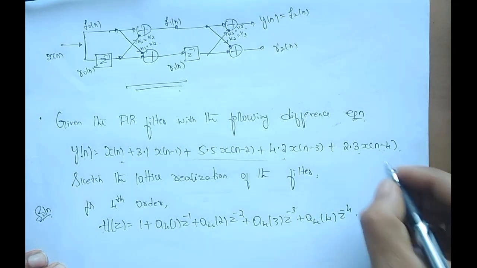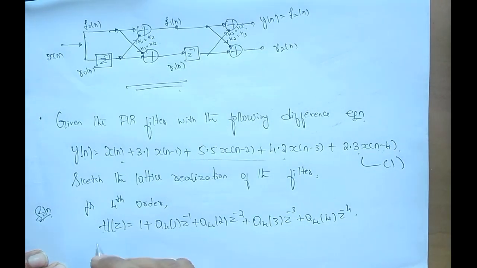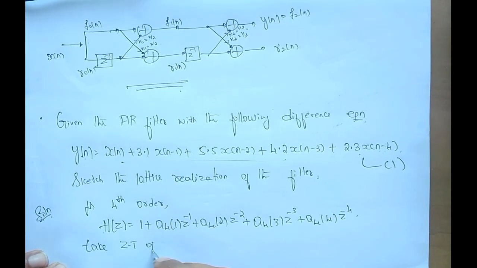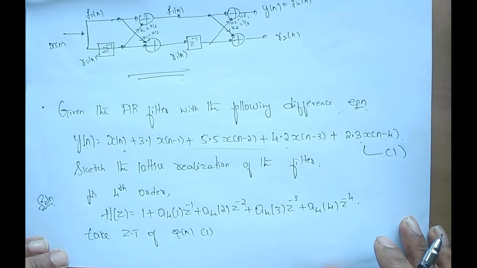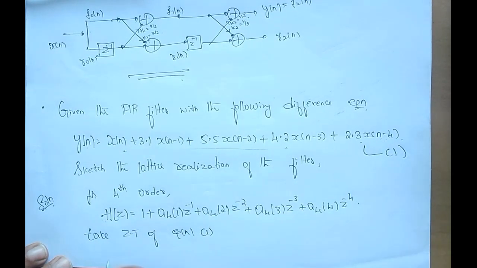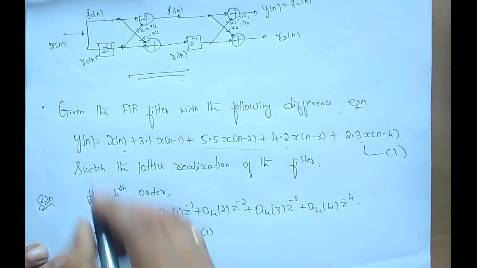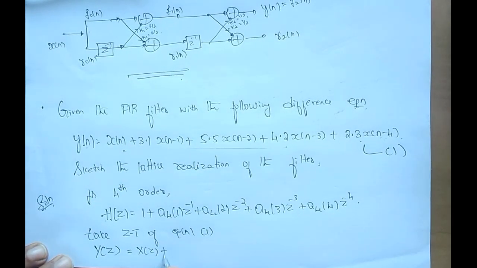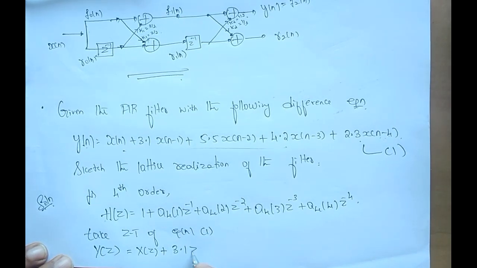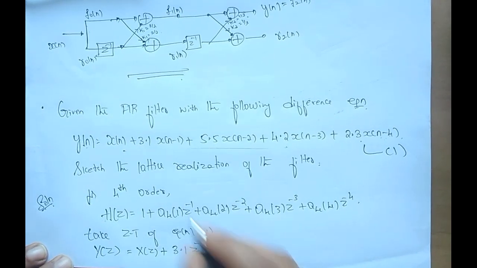So we'll call it equation 1, and we'll take the z transform of equation 1. So what do we get? When I take the z transform of equation 1, the z transform of y of n is y of z, which is equal to x of z plus 3.1 into z power minus 1 into x of z.